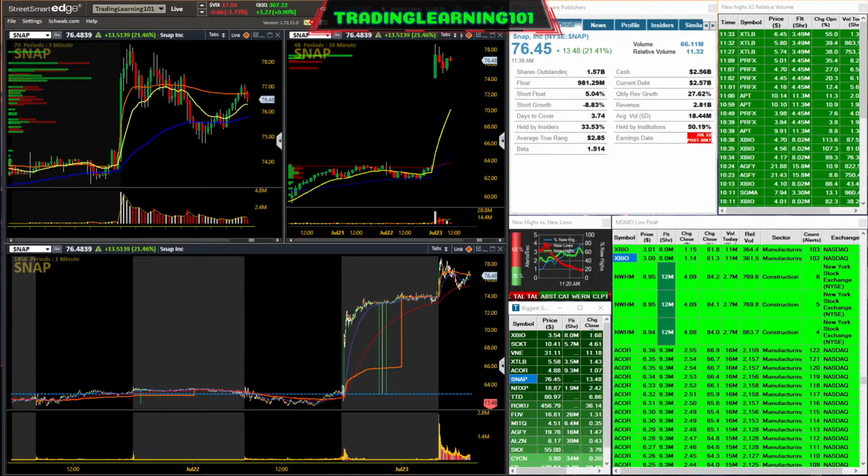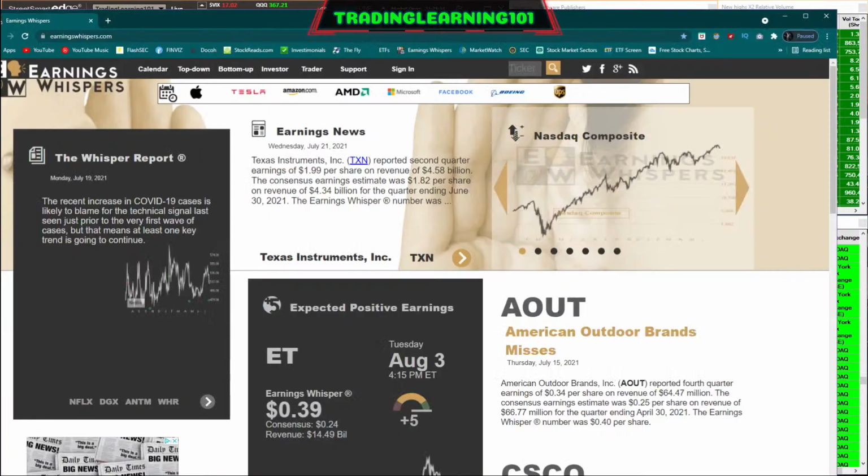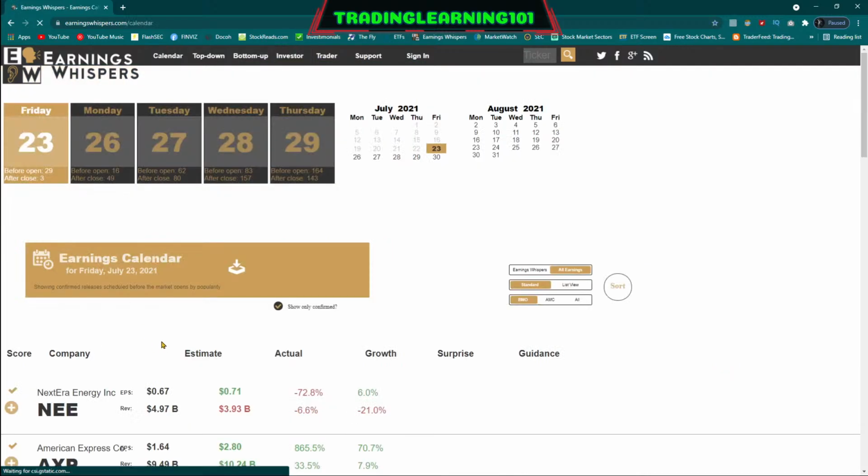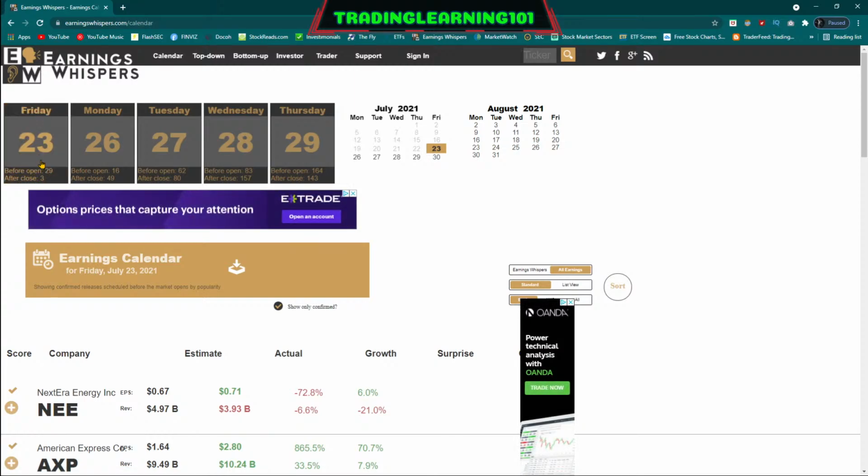Let's actually pull up Earnings Whisperer and look at the calendar. So you see right here, guys, 29 companies put earnings out before the open, and after close, there's only 3 companies putting earnings out.